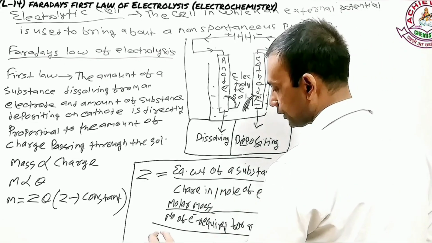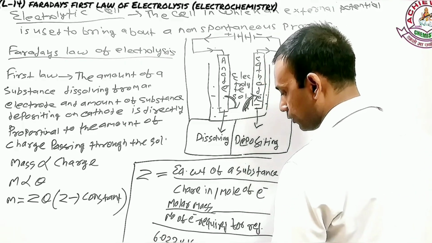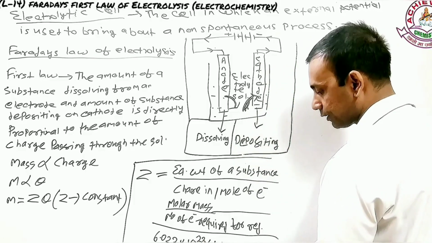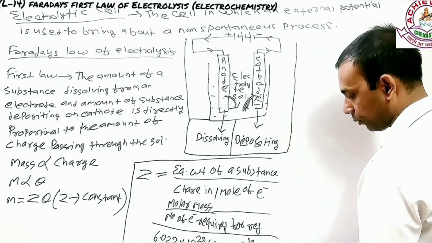The charge of 1 mole of electron is 6.022 into 10 to the power 23 into 1.6 into 10 to the power minus 19 coulomb.